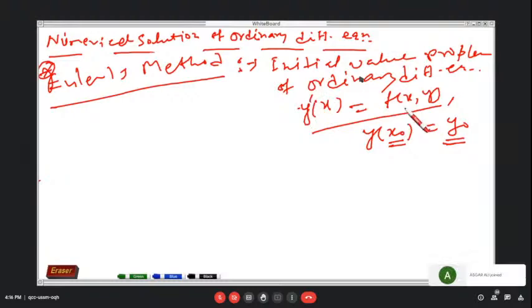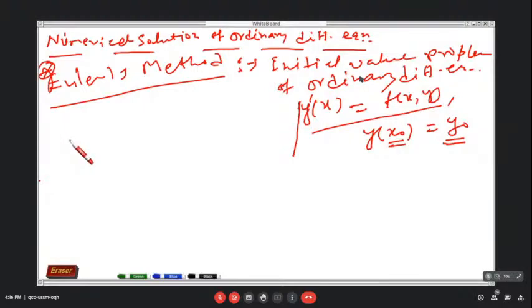This is the initial condition, and with this initial condition you will solve this differential equation for an unknown or desired point. So this is the basic structure we are going to solve: y prime of x is equal to f of x, y, and y of x0 is equal to y0. These are given.